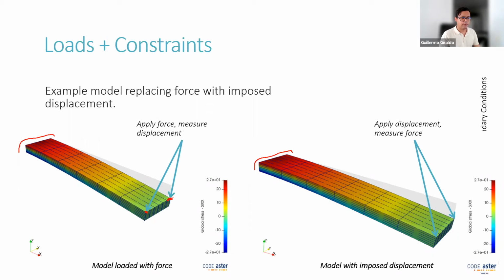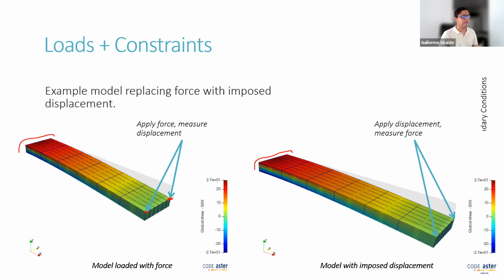Jeremy says that if you think about it, it's about the uniqueness of the solution. So if you get a displacement with a certain force, then that same displacement has to give the same force. Yes, that's right. So it's a unique solution, but we can arrive at the same solution with two different boundary conditions.